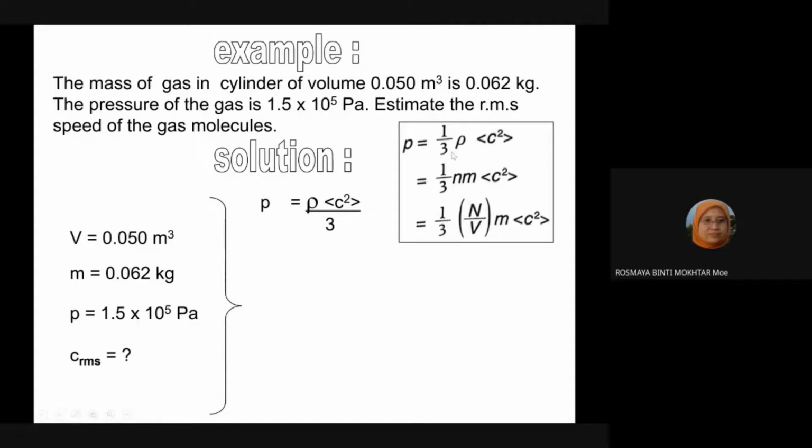So the one that can be used is P equals 1/3 rho times the mean square speed, with density. Density can be calculated using mass per volume, and this mass is the mass of the whole gas. So we substitute into here.